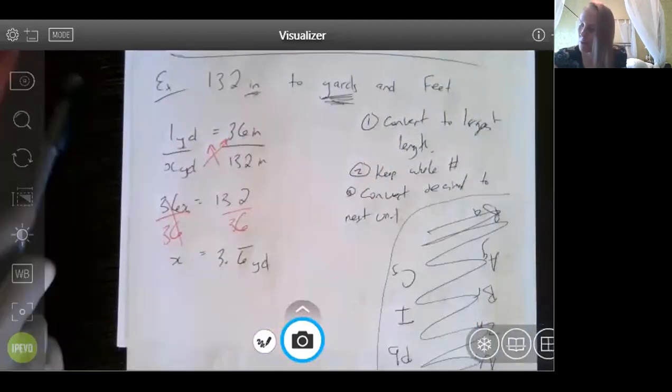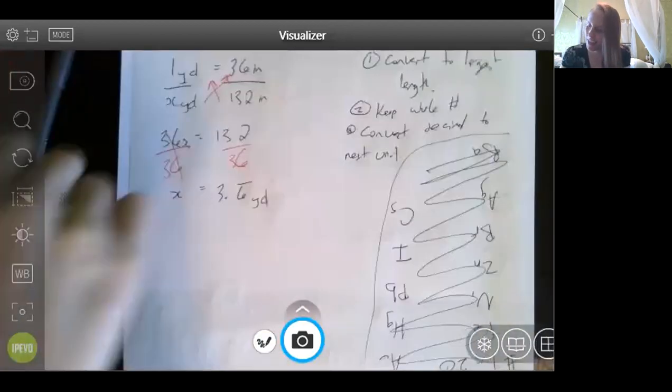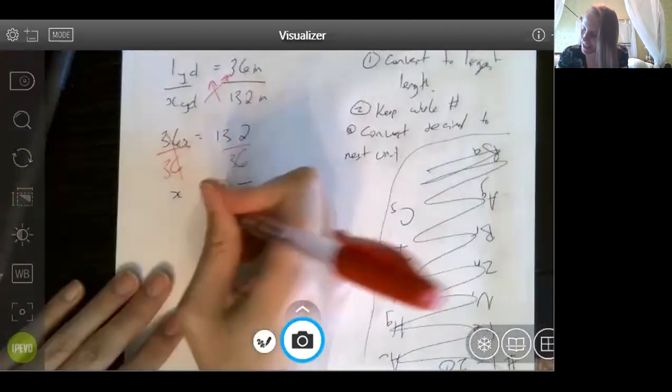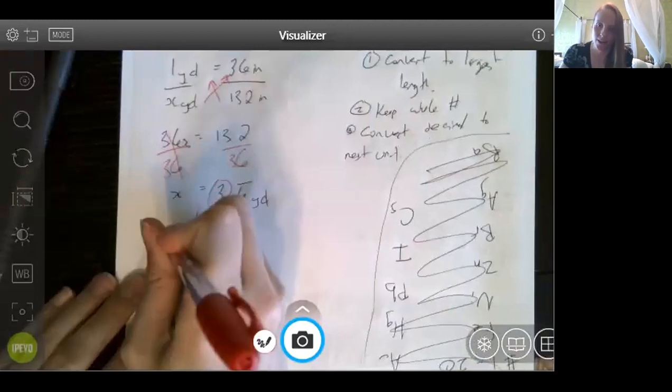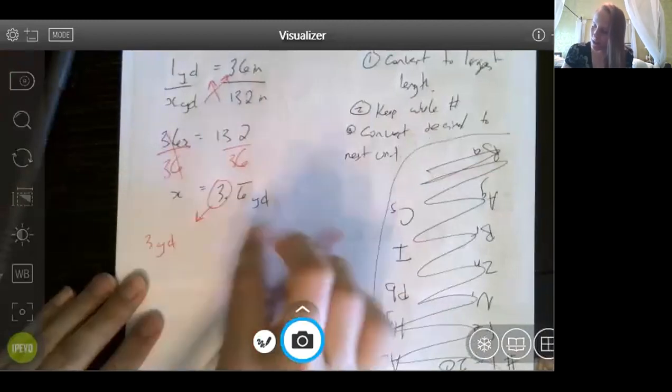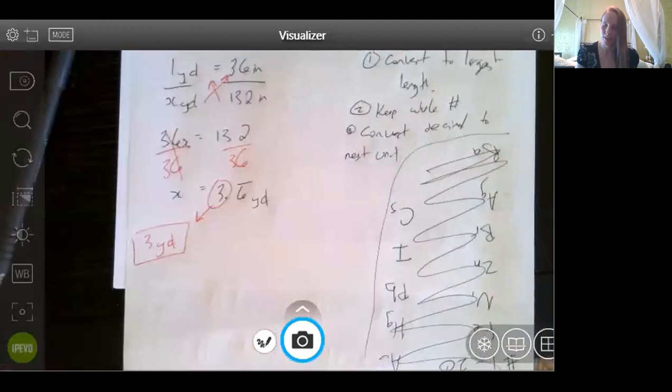So what that will actually look like for me is I'm going to take this 3. It is going to be my 3 yards since this is in yards, and I'm just going to put it off to the side there.